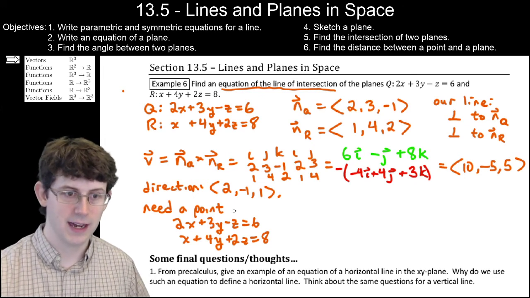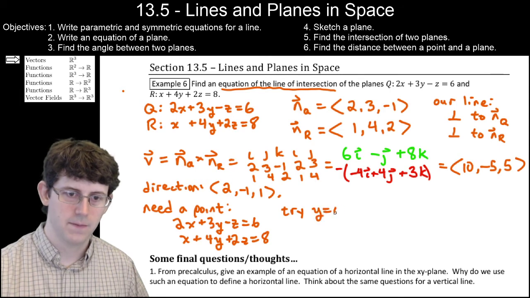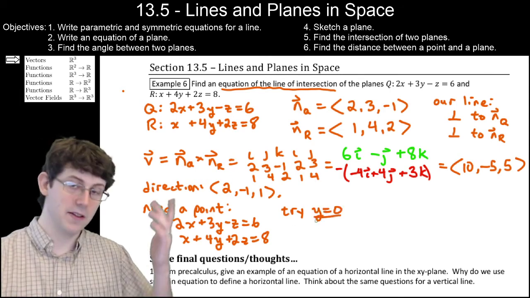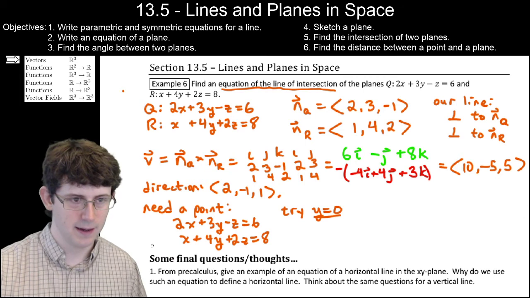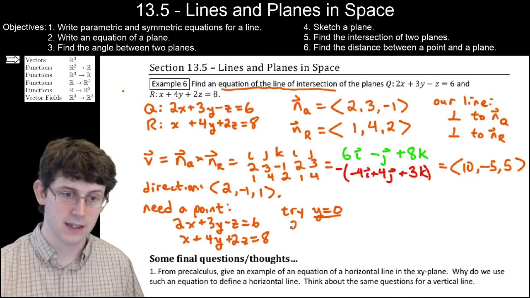The key here that lets me just declare that y equals 0 is that I have 3 variables and 2 equations, so I know there's infinitely many answers.